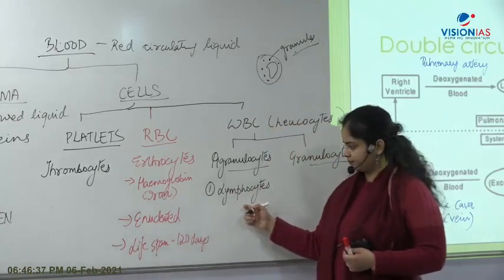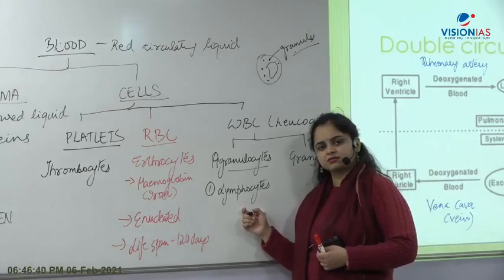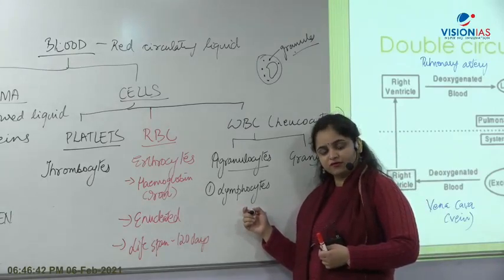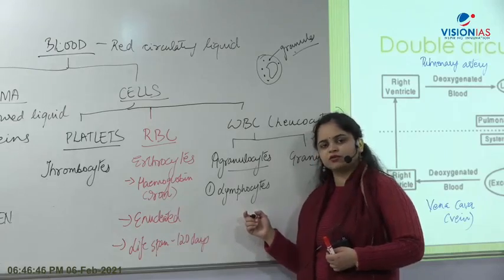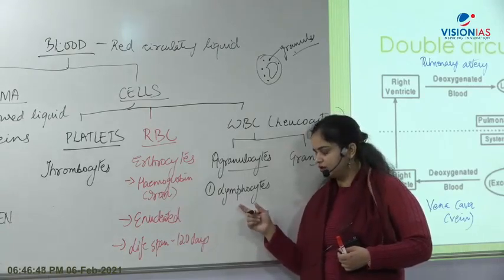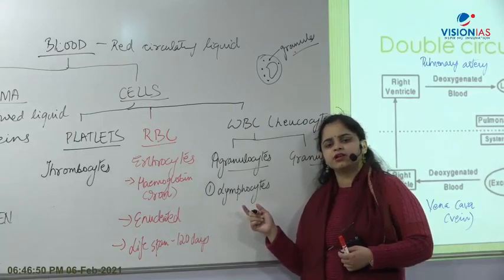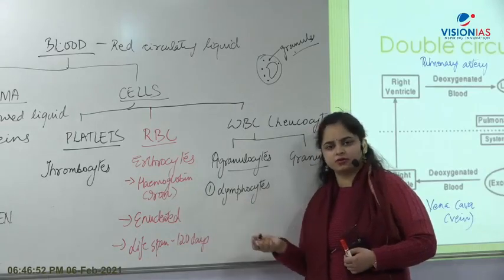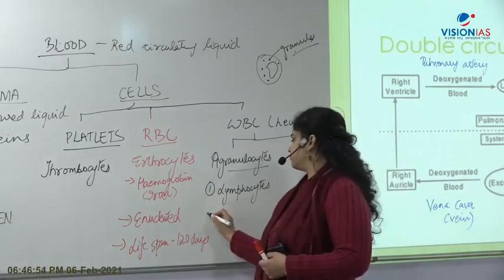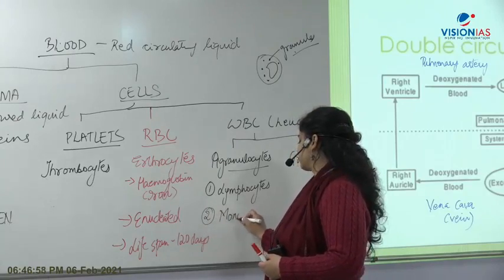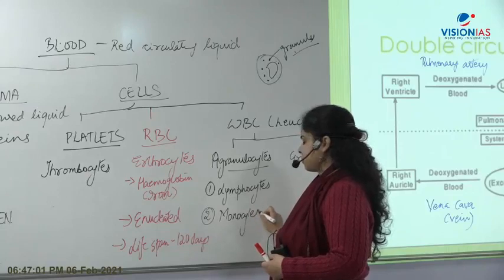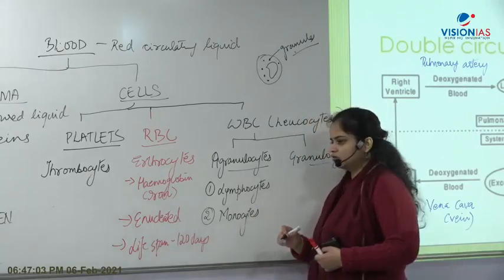First one, lymphocytes. And lymphocytes you already know. You can write this down also. Lymphocytes are involved in acquired immunity. Then we have monocytes.